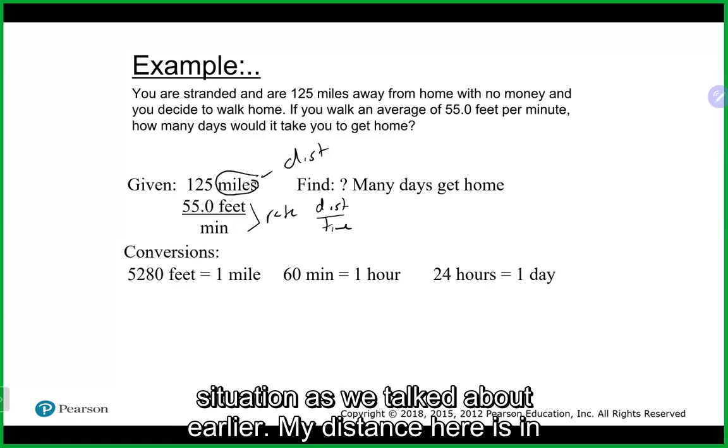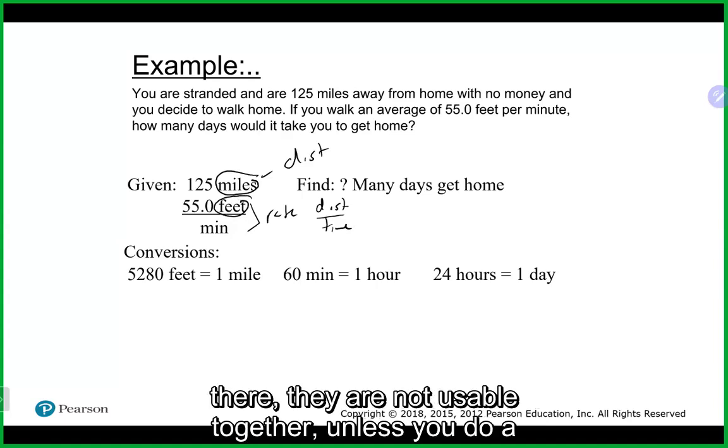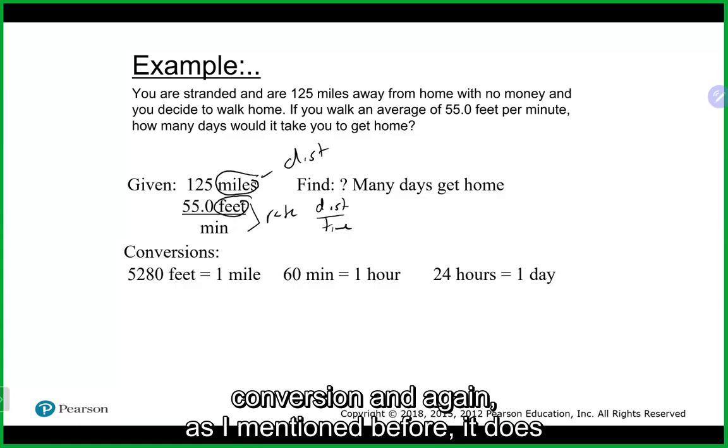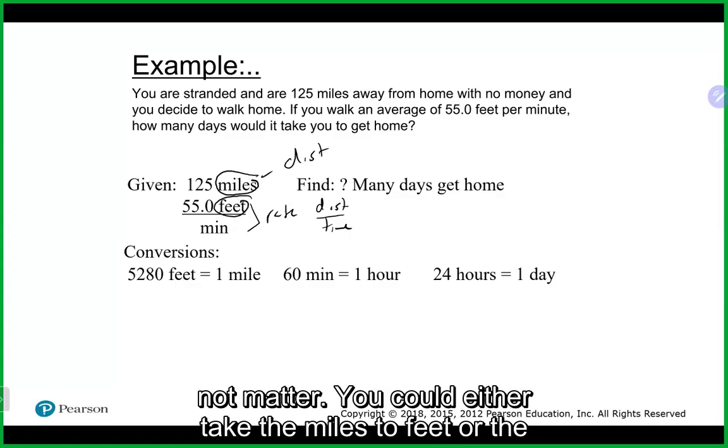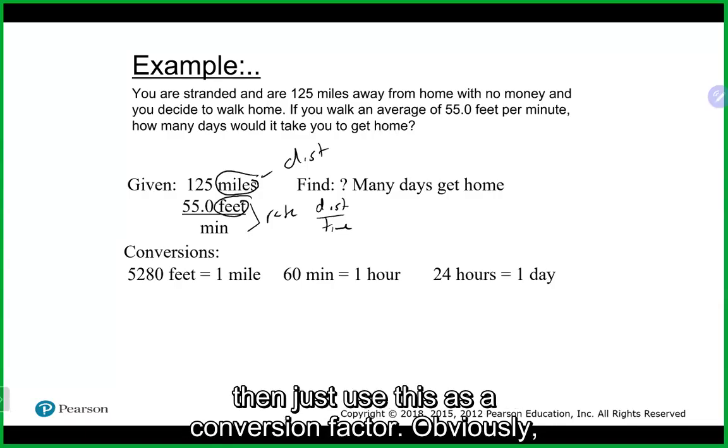My distance here is in miles, but my distance here is in feet. So the way it sits there, they are not usable together unless you do a conversion. And again, as I mentioned before, it does not matter. You could either take the miles to feet or the feet to miles. I am going to take the miles to feet here and then just use this as a conversion factor.